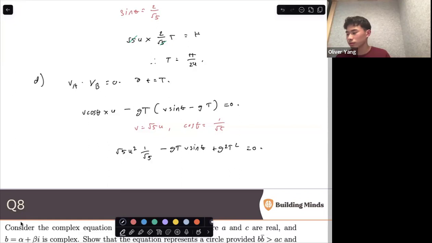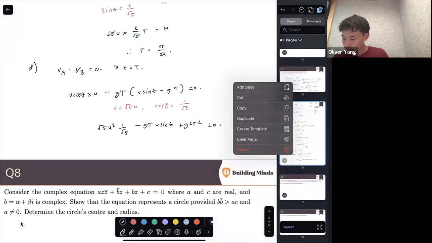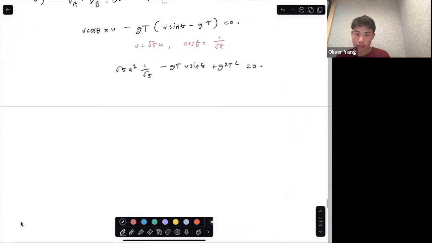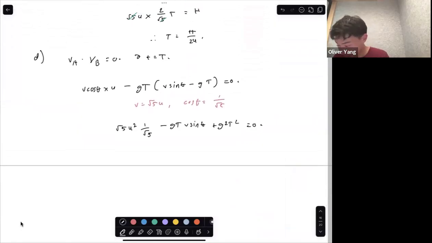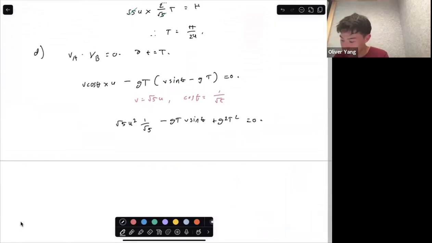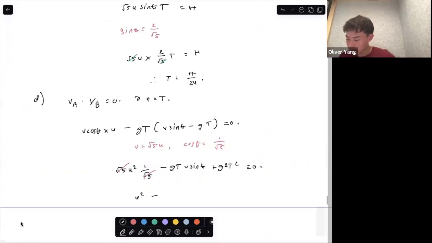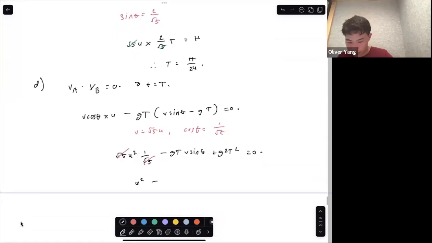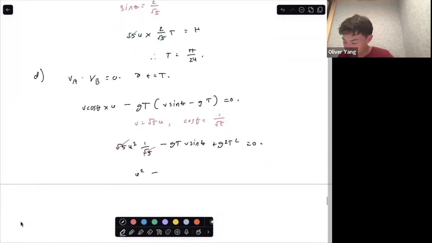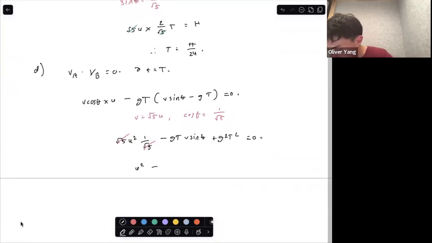I need more page for this. So we have, again, we know a few things, so let's just cancel out. So this becomes u squared, and then we know that v again equals root 5, so we can just say this is root 5 u times gt sine theta.